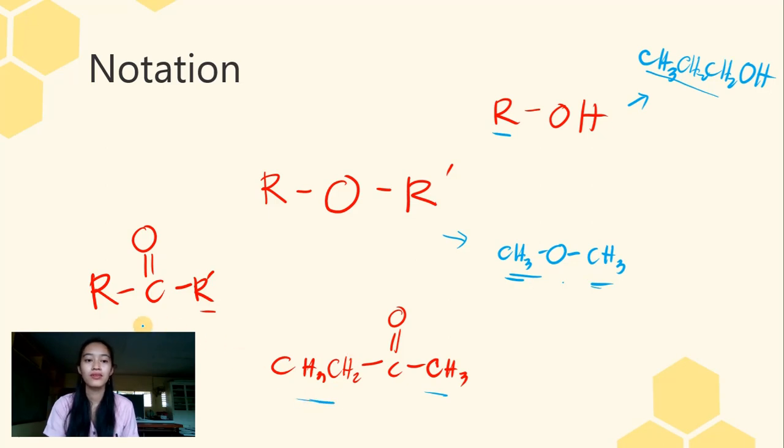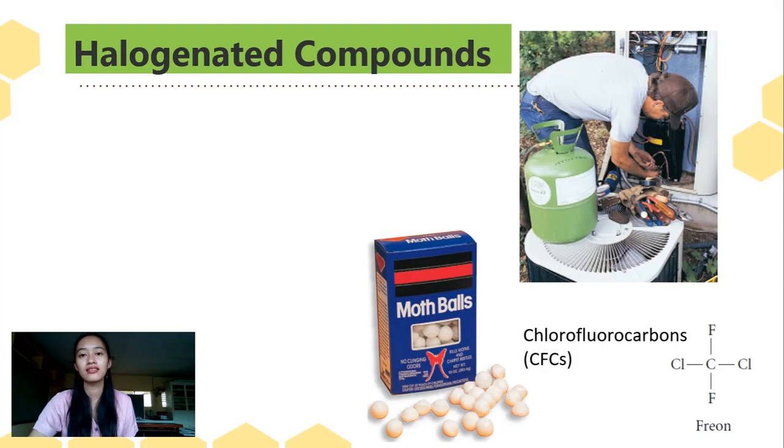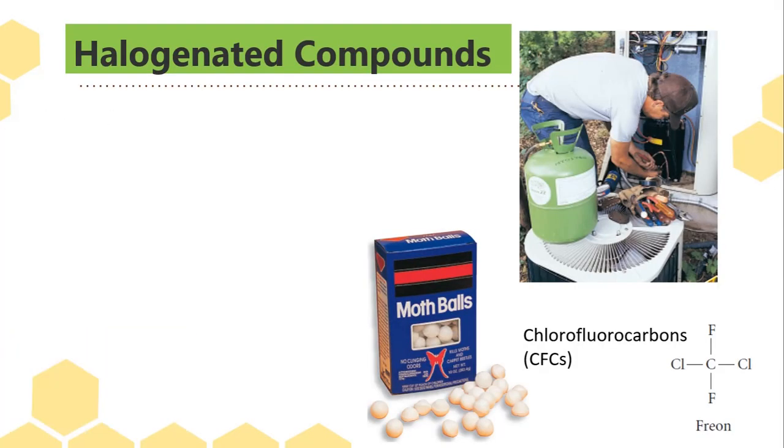These special groups of atoms, the functional groups, and the families that they're categorized into are what we're going to learn in the next slides. Let's start with halogenated compounds, or the halides.